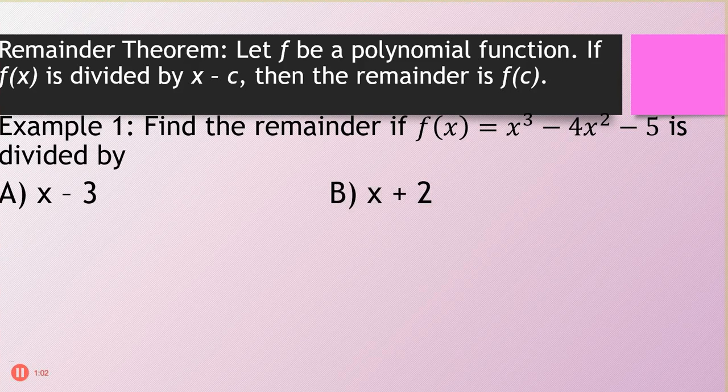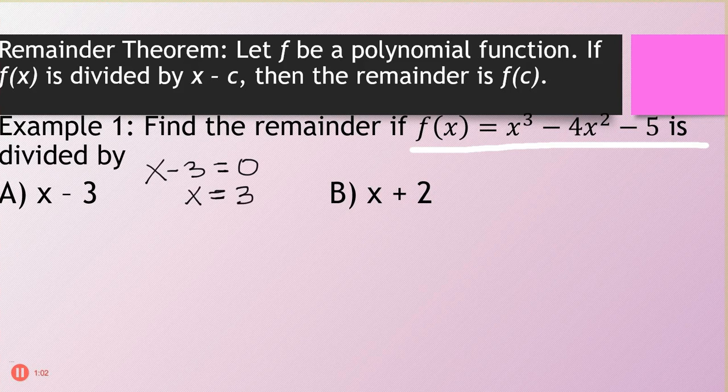Okay, so simply put, because that was a little wordy, if this is my function that I am dividing, f of x equals x cubed minus 4x squared minus 5, and I want to know what the remainder is if I divide that by x minus 3, what I simply need to do is take my factor, solve it for x, and then whatever I get here, that is the root that I need to test.